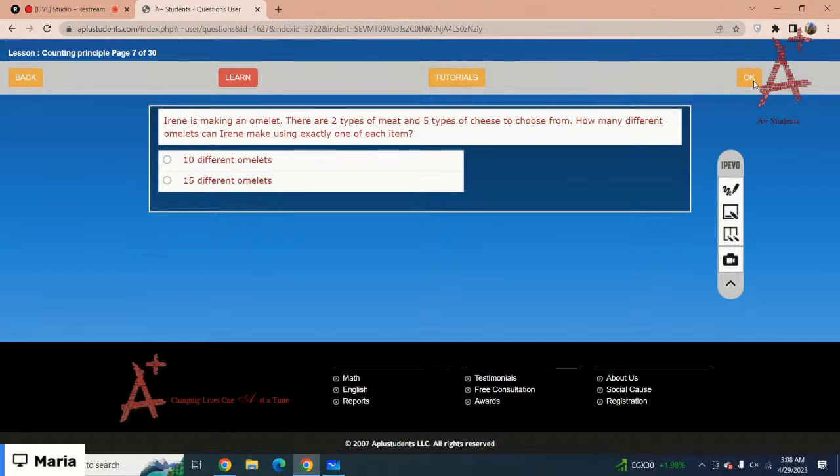You have two types of meat and five types of cheese. You need to do 2 times 5. That means you can make 10 different omelettes. Got it?